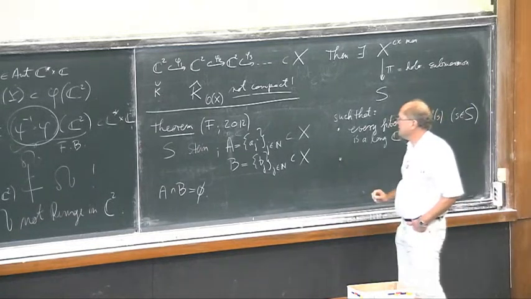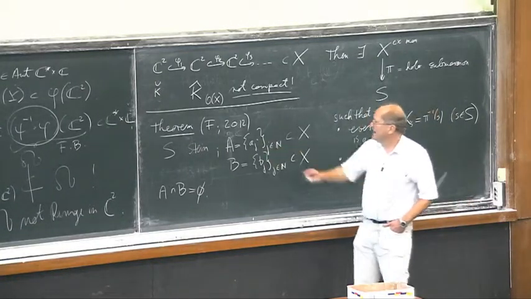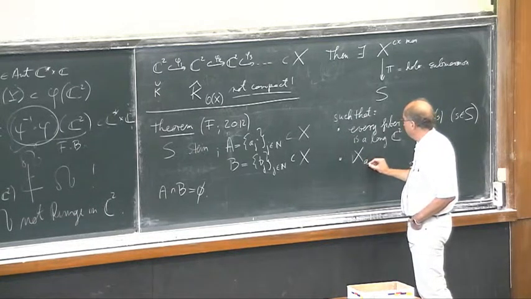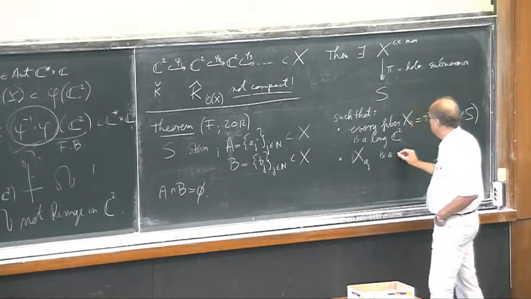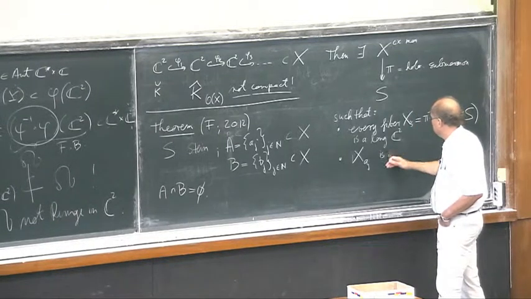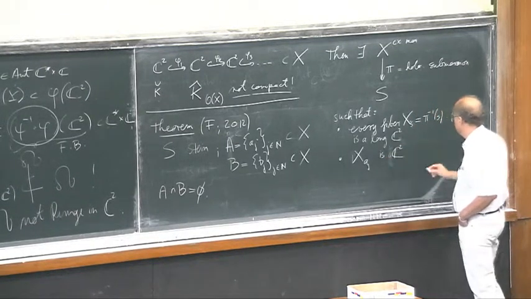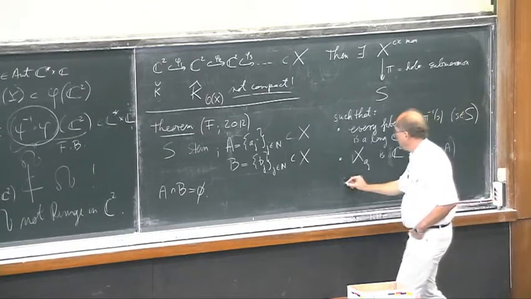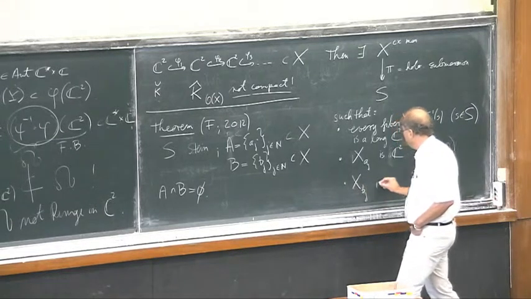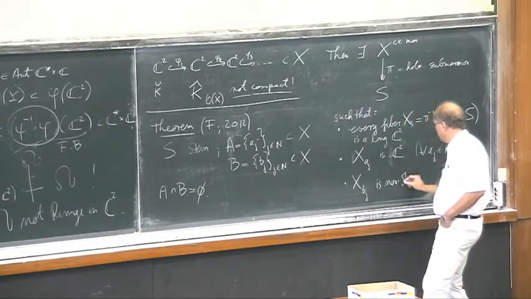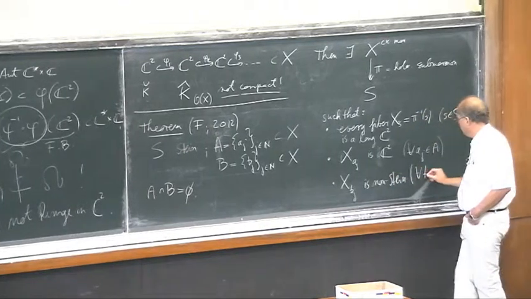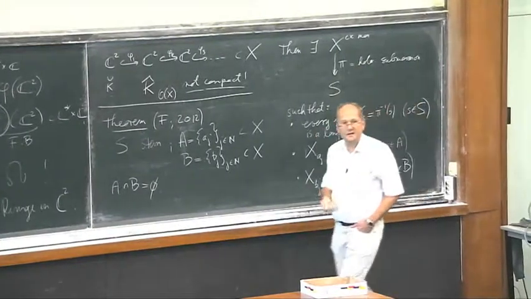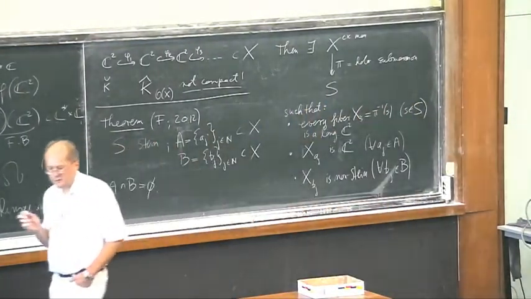Then I can arrange that if I'm on this set, I have an honest C2, so the fiber X over any point a_j is an honest C2 for each a_j in A. However, X_b_j is non-Stein for every b_j in B. So this means these fibers really change all the time, everywhere.